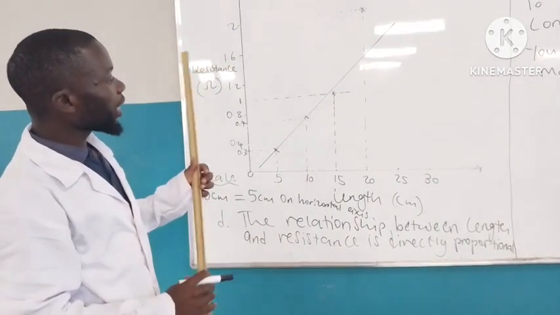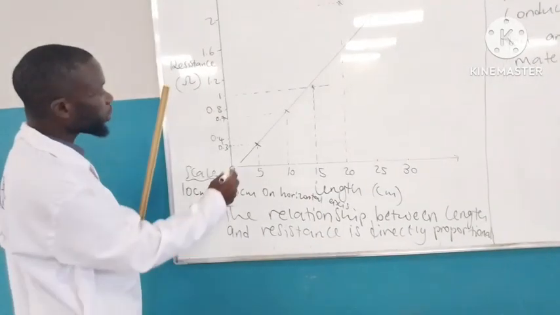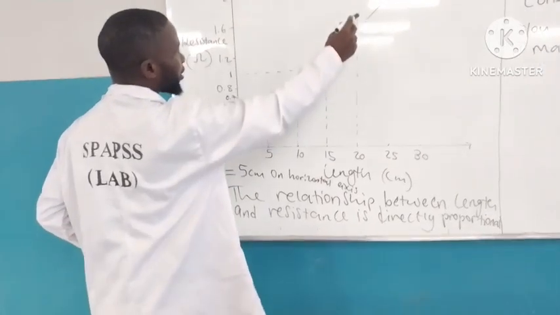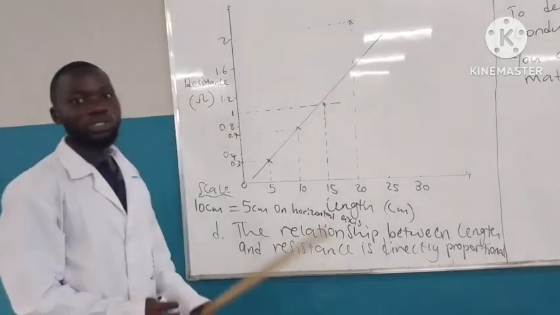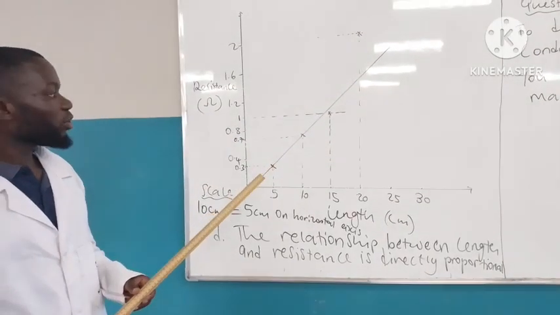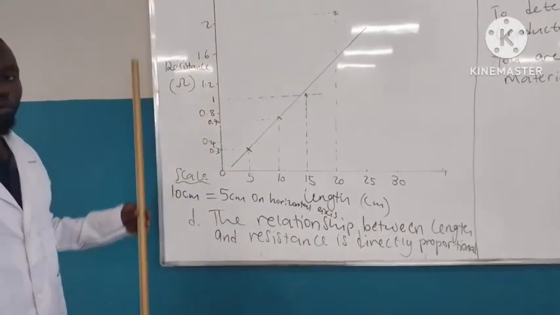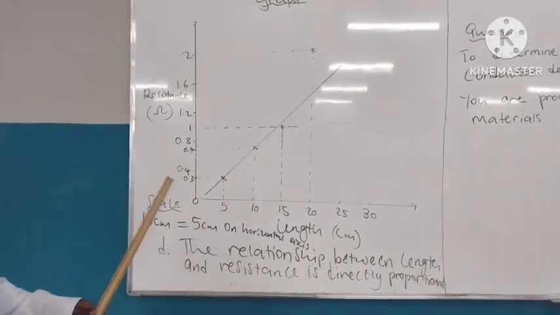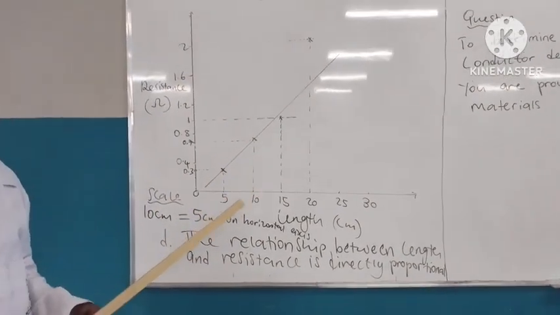If we use the ruler and draw the line of best fit, only two lines are connecting. This point and this point are not connecting because they are out of line. Transfer your data from the table and draw the graph. Your graph should look like this. Reaching this far, we have answered question C.